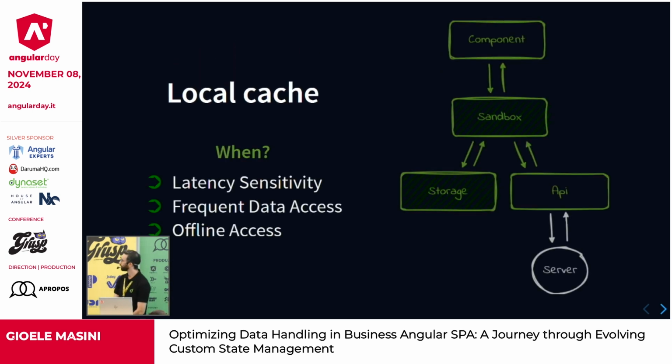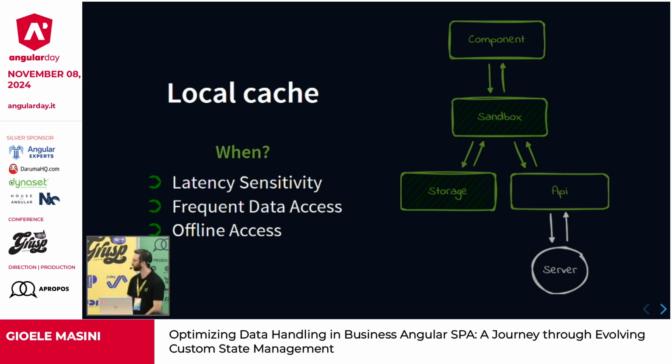On your right, you can see our file organization. We added two services, one storage service and one sandbox service. The storage simply holds our data, while sandbox will be our glue to manage the interoperability between our storage and API.